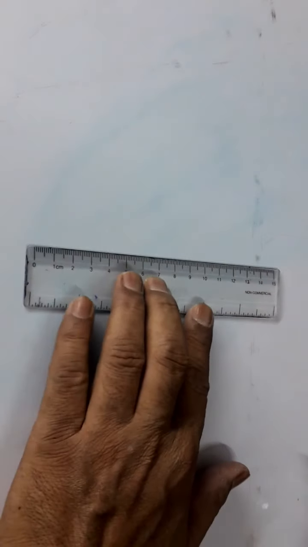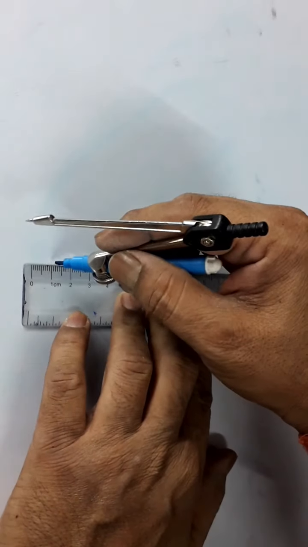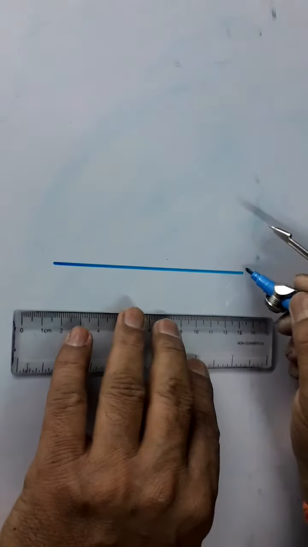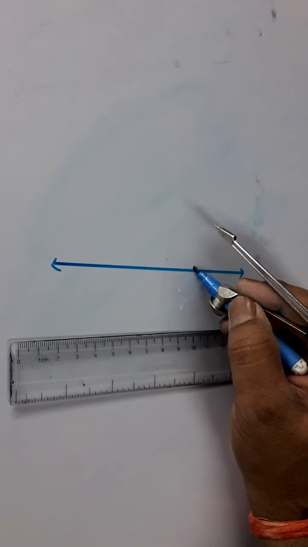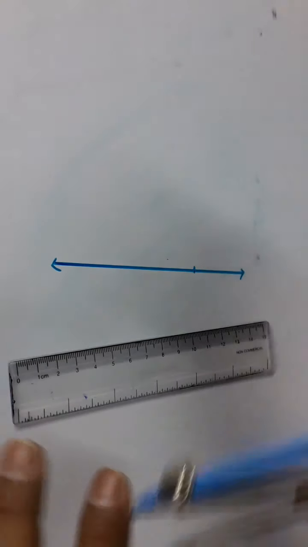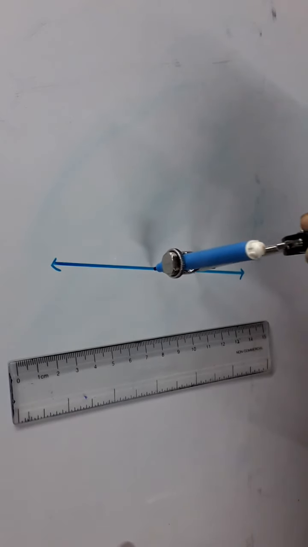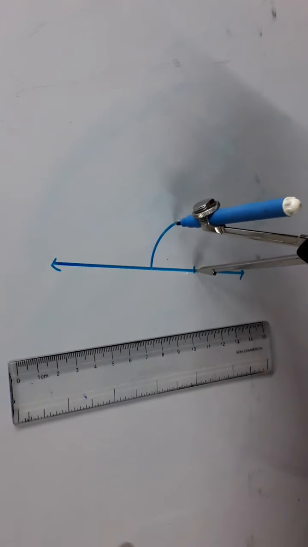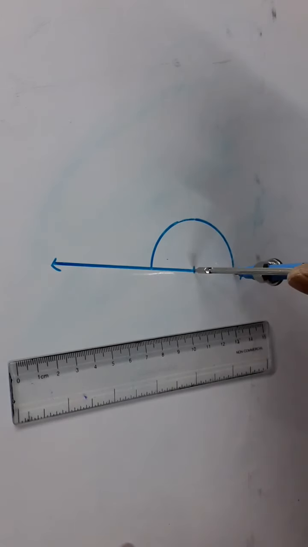I am going to show how we can make or construct an angle of 135 degree. For this, first of all we will draw a line here. Suppose we want to construct this angle at this point. Now we will draw an arc here as of any radius as per our convenience. Suppose I have taken this radius and drawn an arc.